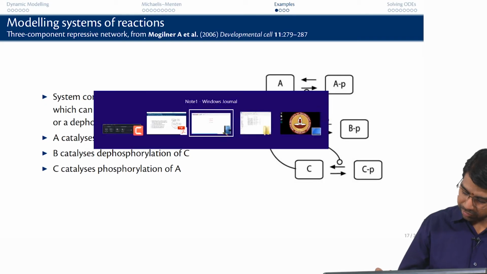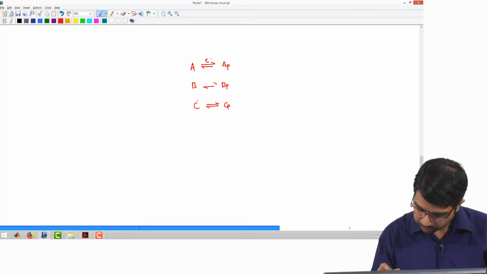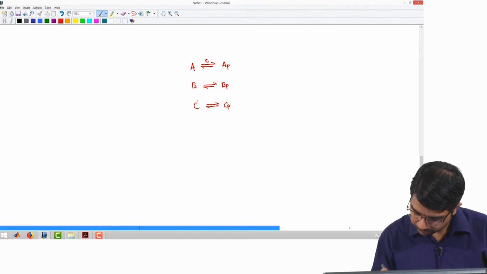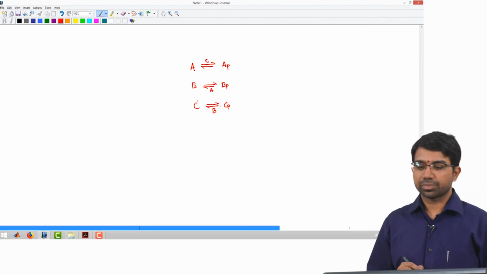A and B catalyze dephosphorylation reactions. How do you model this system?